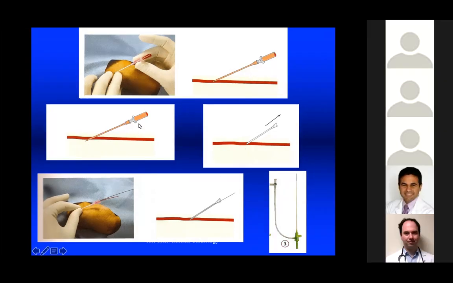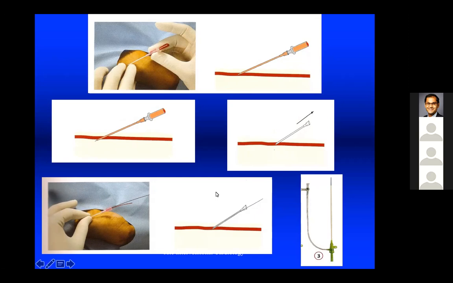Bring the plastic catheter back until you're within the artery, and then you'll have pulsatile flow out the back end. And you can advance the wire through the plastic catheter. And then once you have the wire securely in the artery, then you can advance your introducer sheath over the wire.